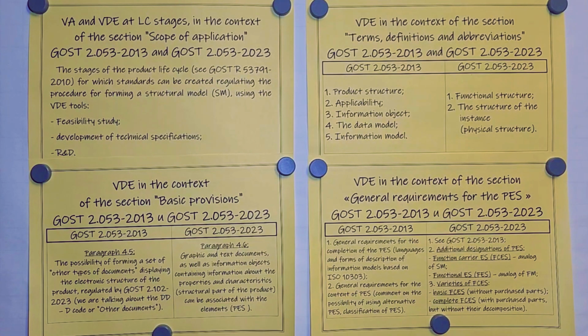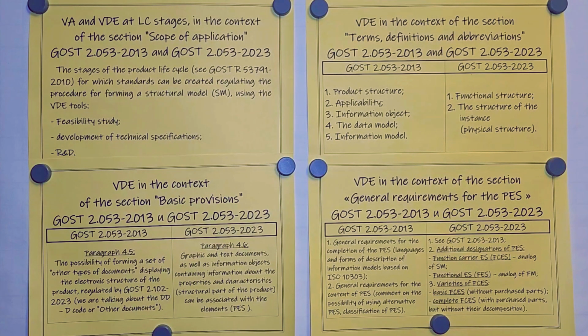An analog of paragraph 6.2.1 of the 2013 standard, confirming the possibility of using alternative product electronic structure characteristic of value design engineering, we are talking about structural and functional models, is paragraph 5.3.6, which reads as follows. It's allowed to introduce other types of documents containing other types of product electronic structure, as well as to use combined product electronic structure, combining separate varieties of product electronic structure for presentation and displaying comprehensive product information.